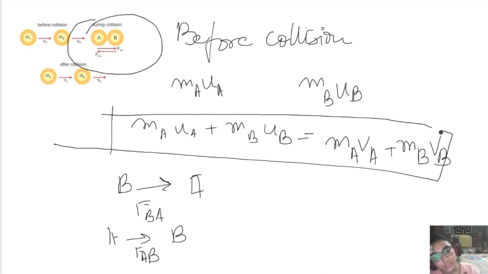So their forces will be equal and opposite, and it will be in the same whole body. So as a result the momentum is being conserved, because the initial momentum and the final momentum, without an external force, are the same for a body. Okay, so I hope this is clear.